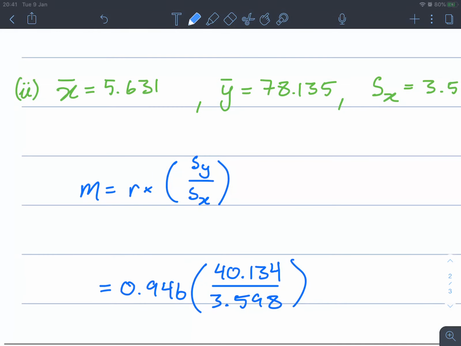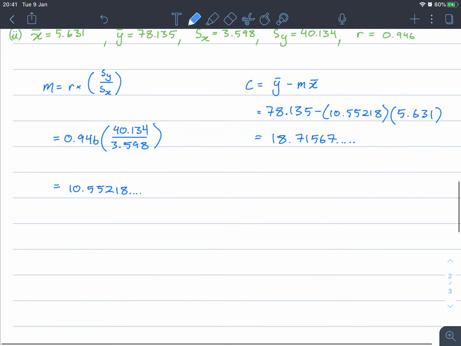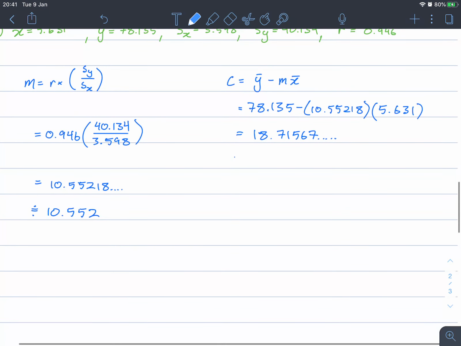Let's round both of these off to 3 decimal places for this example. You can round off to whatever the question asks you or to whatever value you want.